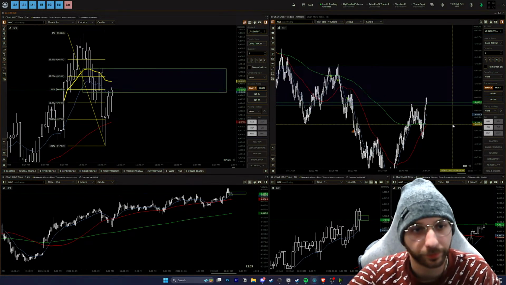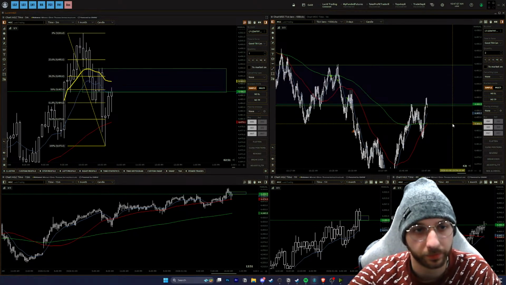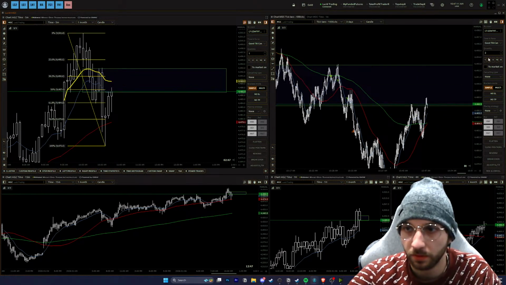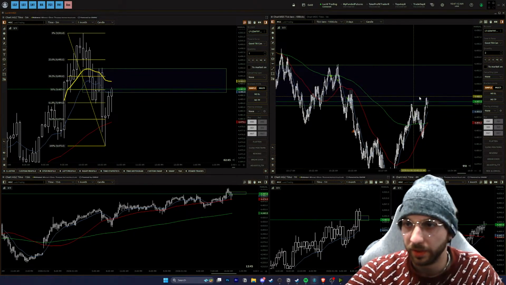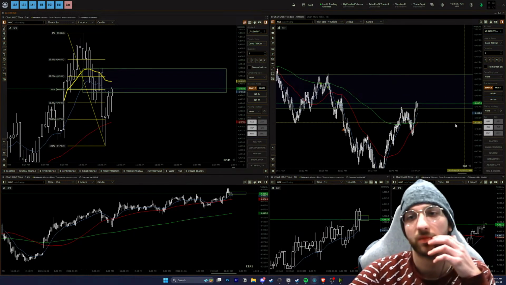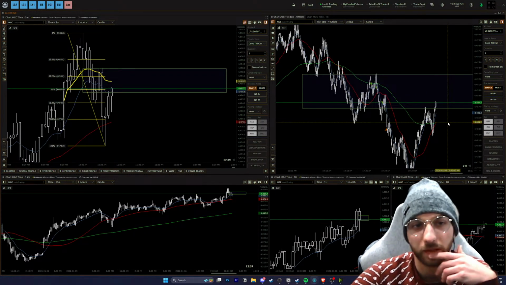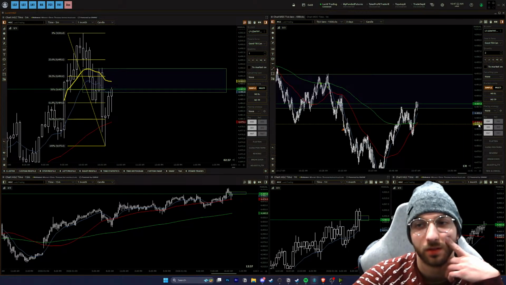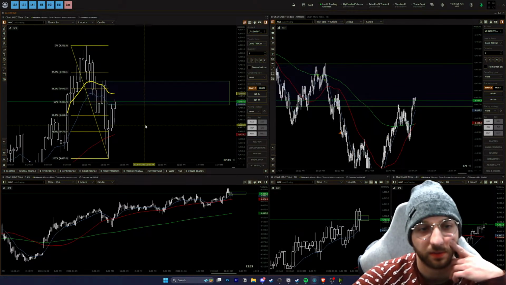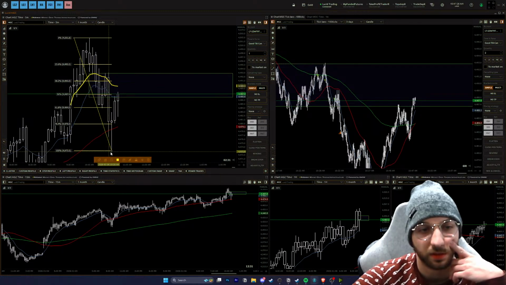Okay. We're getting in the zone. How big is this zone? It's like 5 points, 6 points. It's not terrible. I could enter this preemptively. It's 50% retracement. Also, I messed this up.